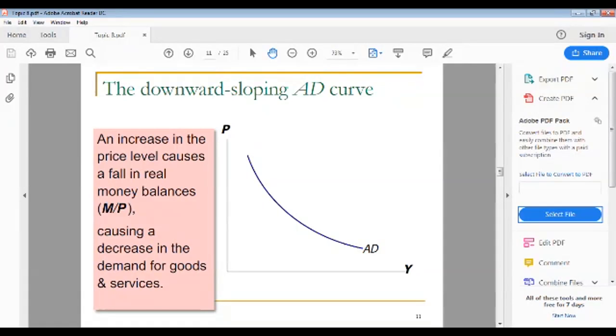If things are more expensive, people don't hold as much money, and they don't spend as much. When price levels are lower, people spend more money. Price levels higher, people don't spend as much money. So it's a downward sloping aggregate demand curve.